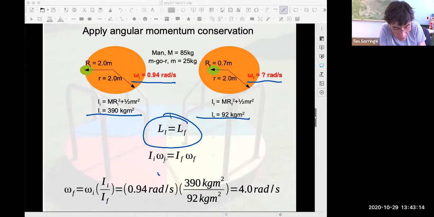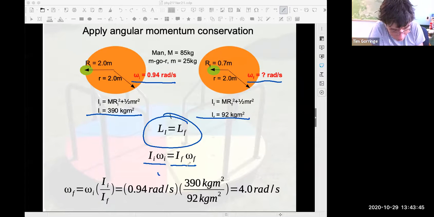I then write the initial angular momentum in terms of the initial angular velocity, and the final angular momentum in terms of the final angular velocity, using the definition of angular momentum in terms of angular velocity and rotational inertia that parallels the definition of linear momentum in terms of linear velocity and mass or inertia.